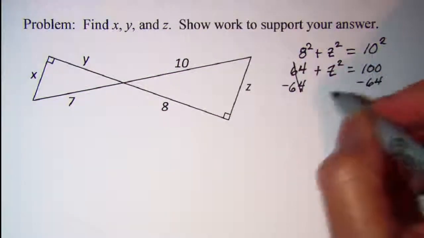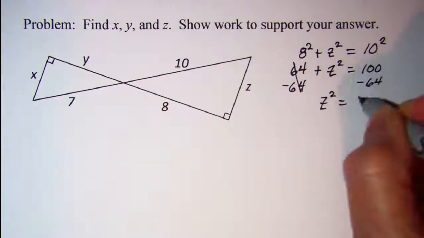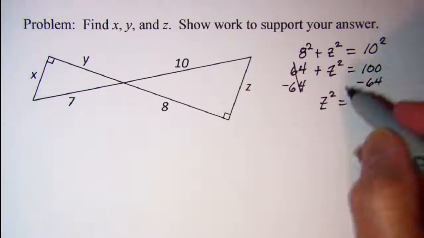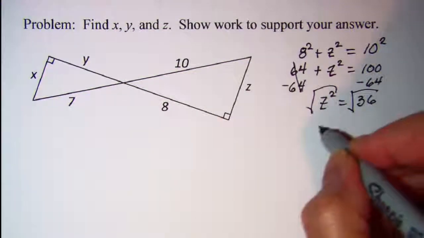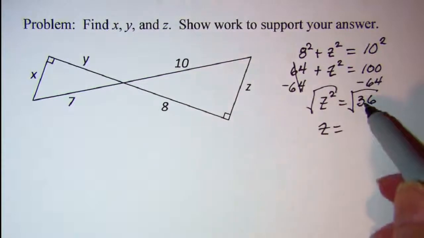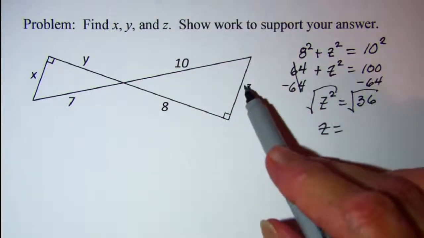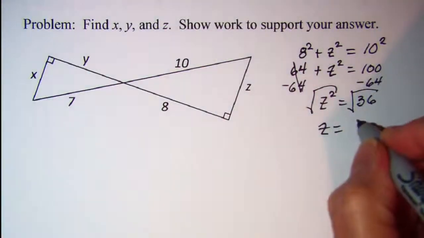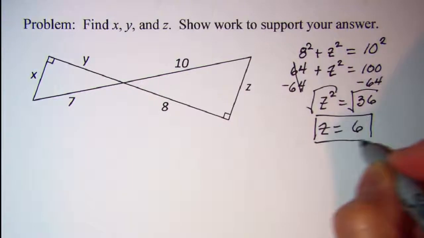These will cancel, and I have z squared is equal to 36. Square root both sides, and z is equal to, now algebraically I should say plus or minus 6, but since this is the length of a side, I'll just say 6. So we know then that z is 6.